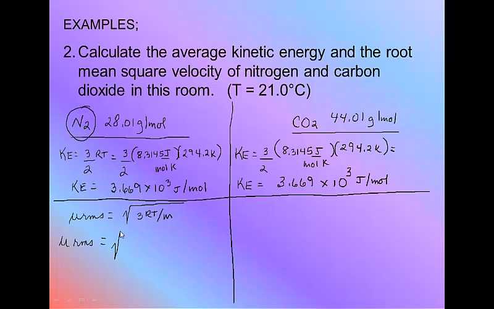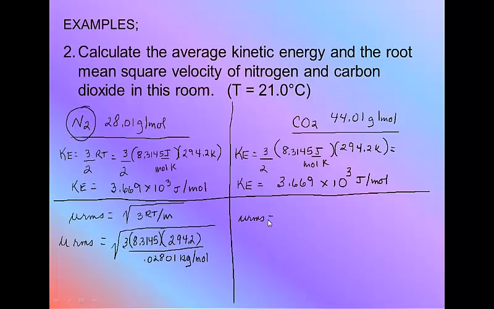So let's see. 8.3145. I'm going to drop the units because I am running out of room here. 294.2, molar mass, 1, 2, 3 places to the left, 0.02801 kilograms per mole.